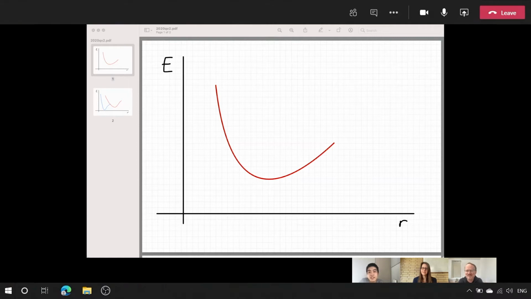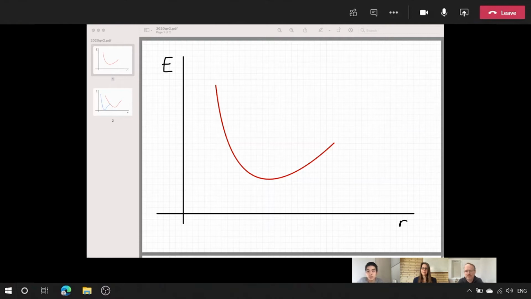Okay, so I guess since I'm seeing a minimum energy on the graph, there should be an equilibrium separation between two atoms, which is right at the minimum point there. And beyond that separation, the force should be attractive.